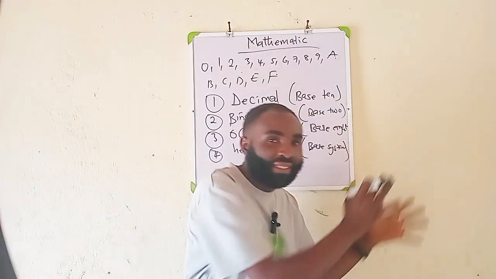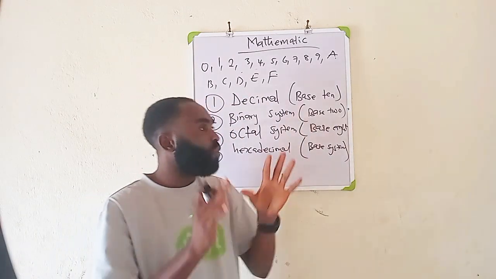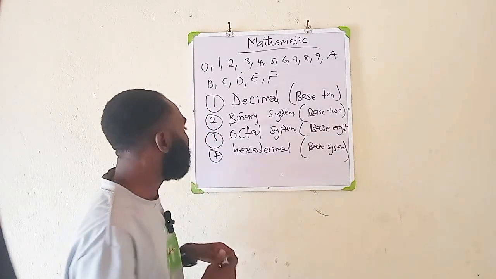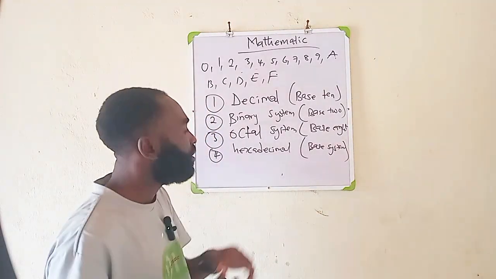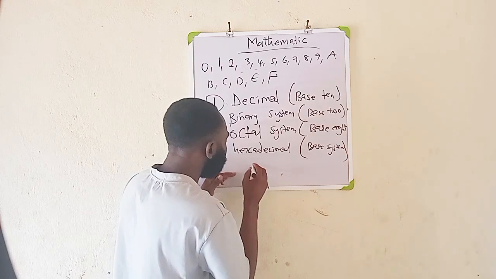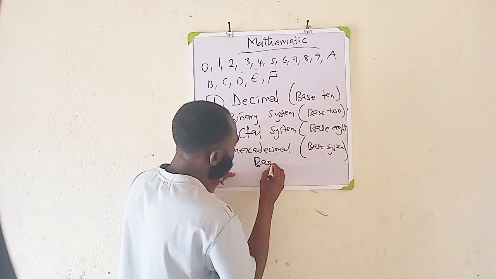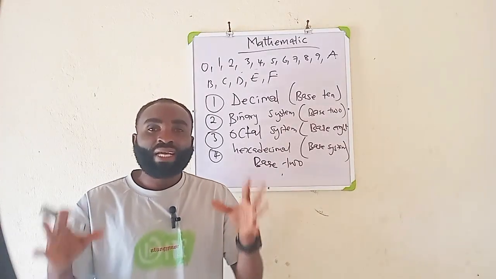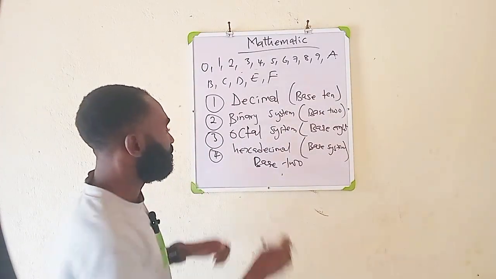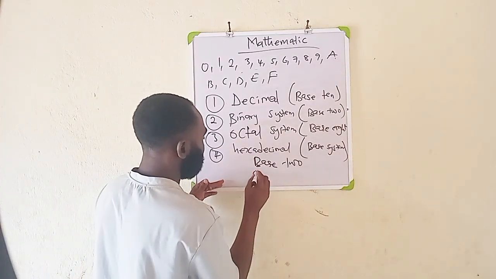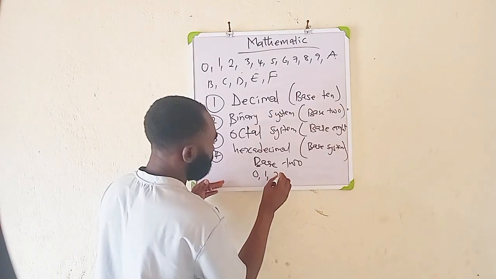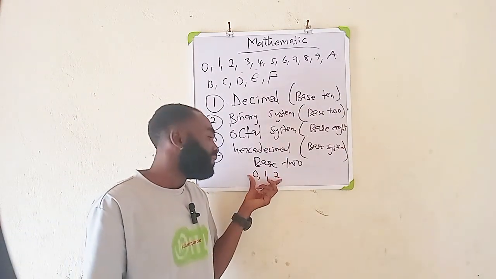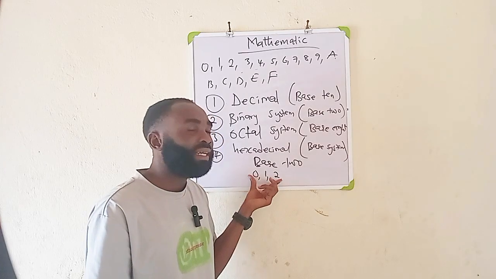With any base, you have it at the back of your mind that the digits shouldn't be more. Like in base 3, you cannot have more than 3 digits: 0, 1, 2. These are the only digits that you can find in base 3.